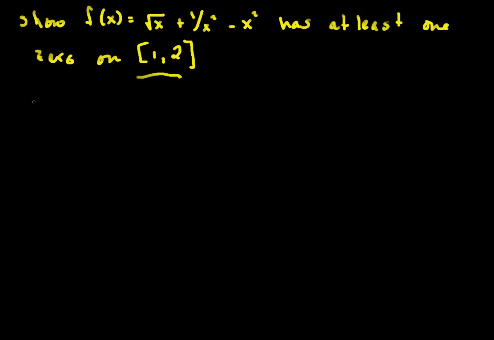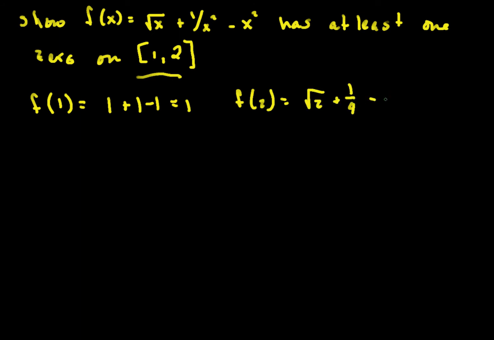Now, f of 1 is equal to 1 plus 1 minus 1, which is 1, and f of 2 is equal to root 2 plus 1/4 minus 4, which is less than 0. That's going to be the key fact.